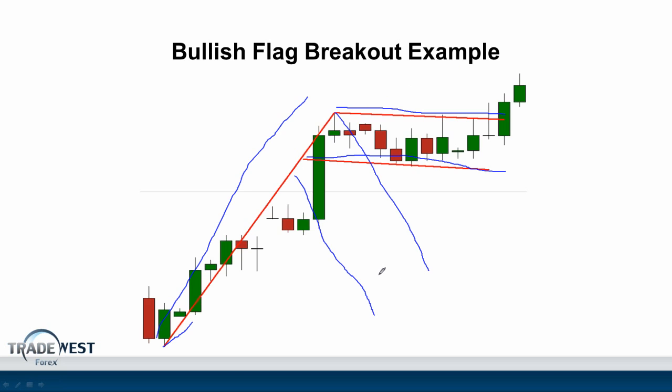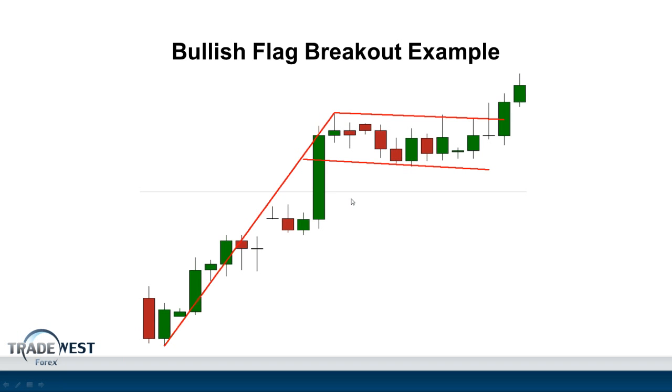There's a certain point where it's no longer valid because you've retraced. If you retrace too much of that initial trend right there, then it's not valid anymore. So maybe a rule you could put in place or test out could be, say, 50%. If it comes back more than half of that initial trend, then you might not have a valid setup anymore.